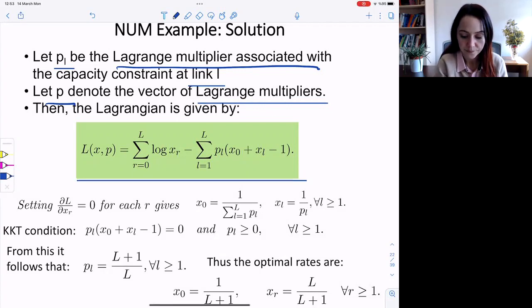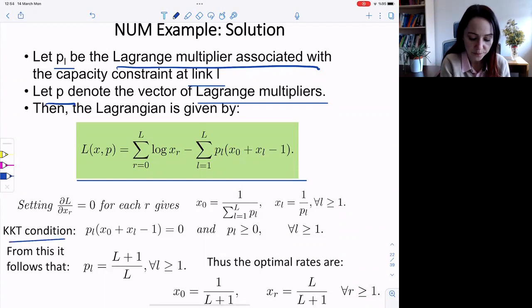Remember the definition of the Lagrangian a few minutes ago. Now, notice that Slater's conditions are satisfied. You can check that Slater's conditions are satisfied and that our objective function and our constraint function are differentiable. Therefore, we can apply the KKT conditions.